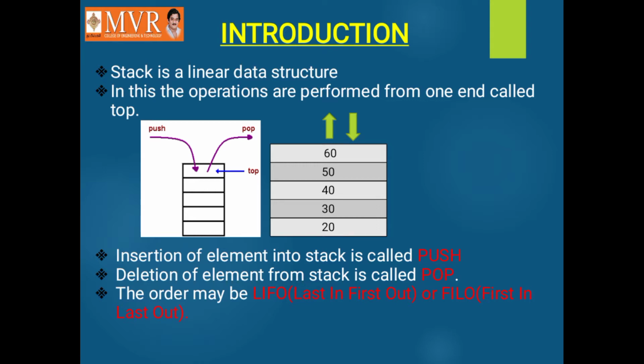So it is also known as last in first out. In short, a stack is a linear data structure. The insertion and deletion operations take place at one end only, insertion is called push, deletion is called pop, and it follows the last in first out procedure.